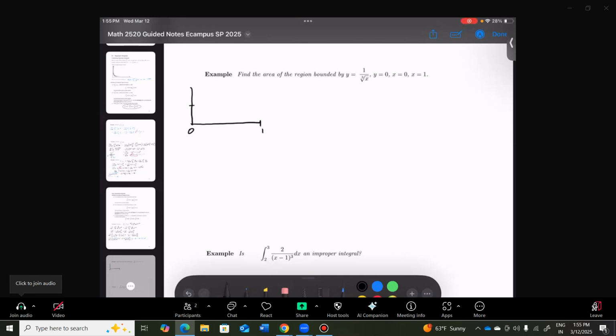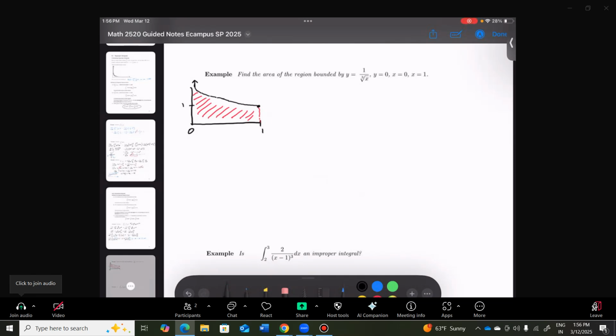At 1, you get 1 over 1, so that would be equal to 1. And then at 0, you'd be dividing by 0, so it goes up like an asymptote. And so the area we're looking at is this area here, as this is going to 0.